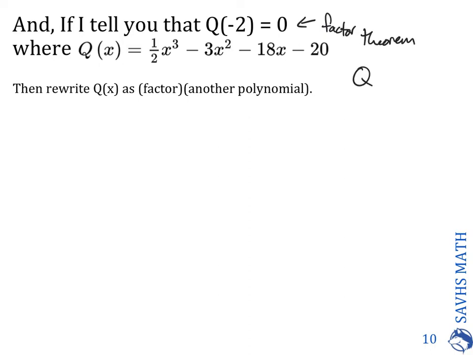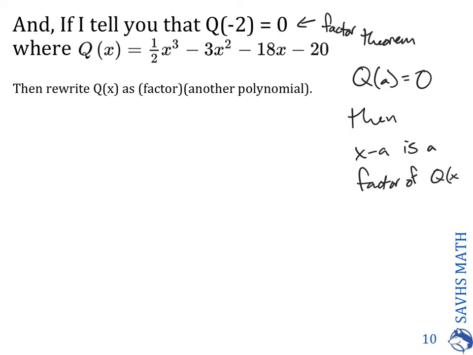Remember that if q of a equals 0, then x minus a is a factor of the polynomial called q of x. So let's rewrite and let's use division. That means that if q of negative 2 is 0, then x plus 2 is a factor.